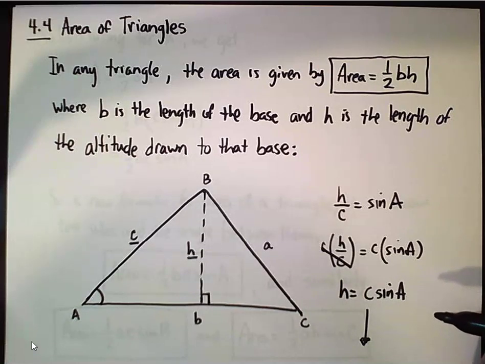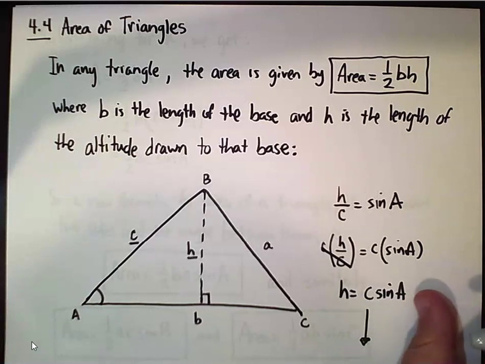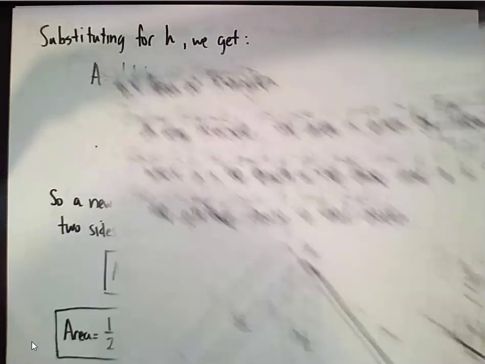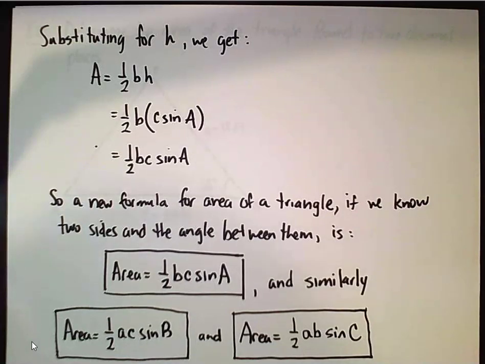And so if I replace that into the area equals 1/2 bh formula, I get that the area is 1/2 b times c sine A, or 1/2 bc sine of A. That gives us a new formula for the area of a triangle, so long as we know two sides and the angle between them.